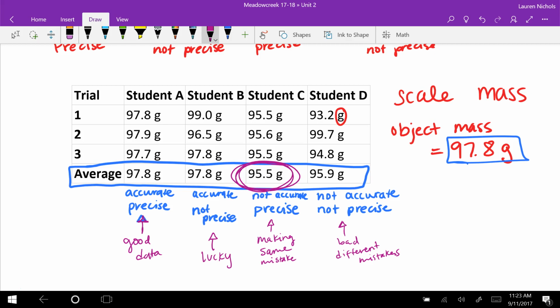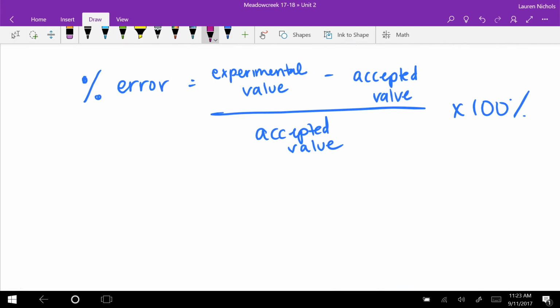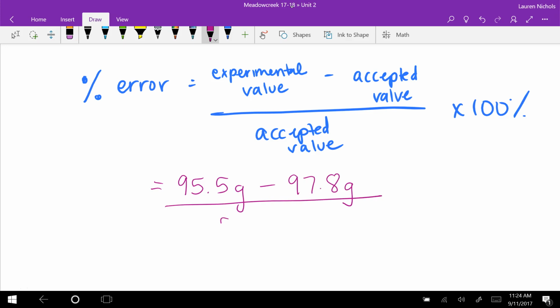And we are going to use 97.8 grams as their accepted value. So that would look like in our formula here: their experimental value of 95.5 grams minus 97.8 grams divided by 97.8 grams times 100%.